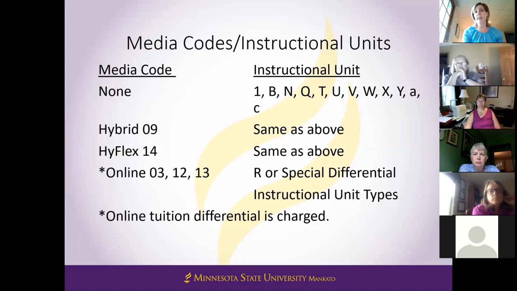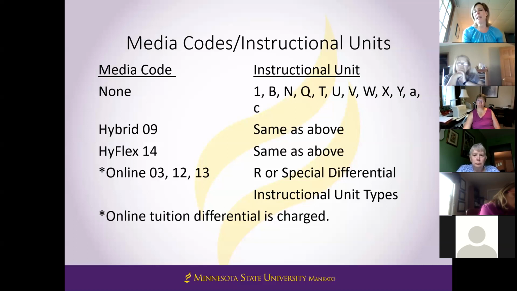And then we have online, 03 or 12 or 13, and the majority of those online courses will use an R as the instructional unit, because that is the hard-coded way behind the scenes that we are charging the differential for online learning.